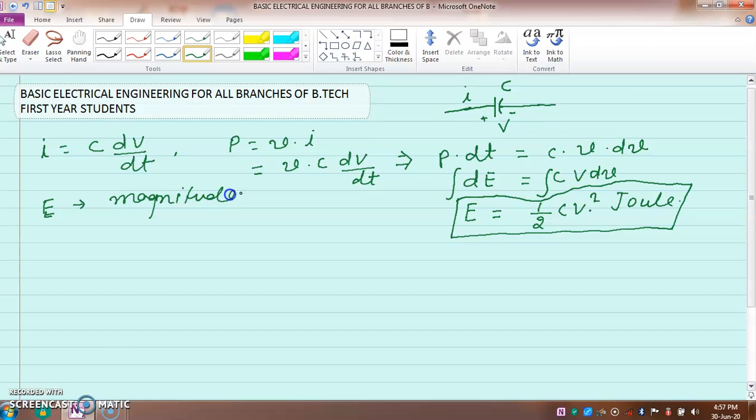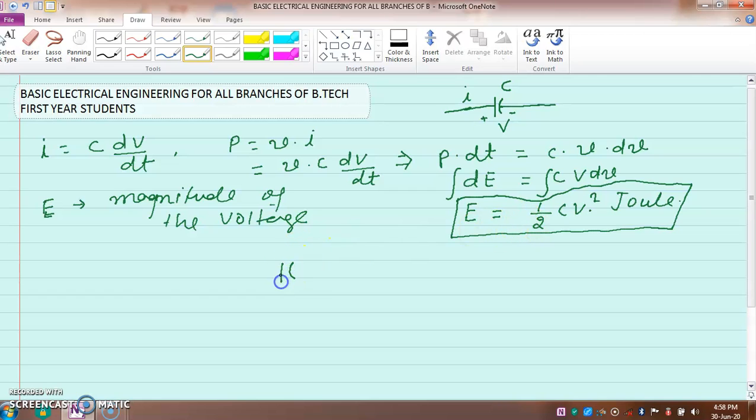It depends on the magnitude of the voltage, not on the manner in which you reach this value. Suppose you want to reach 10 volts, it doesn't matter how you get 10 volts, it just needs its magnitude to be 10 volts. So this much energy will be stored in this capacitor.